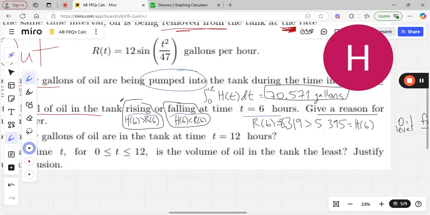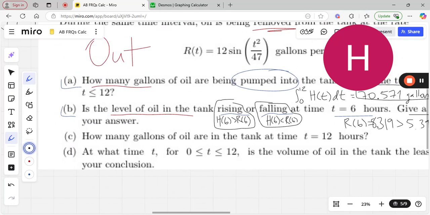Let's try to pick it up a little bit. We're going to make some more progress here, but a little quicker. Part C, how many gallons of oil are in the tank at t equals 12?